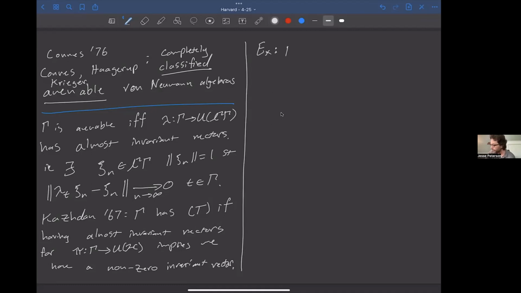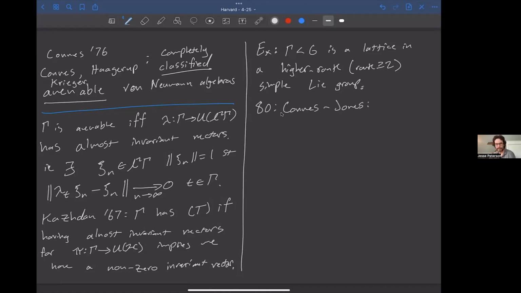So for example, if gamma in G is a lattice in a higher rank, so for me, that's rank greater than or equal to 2, simple Lie group. And then in the 80s, so 1980, here we have Connes and Jones.